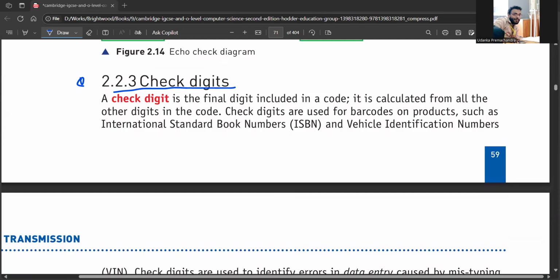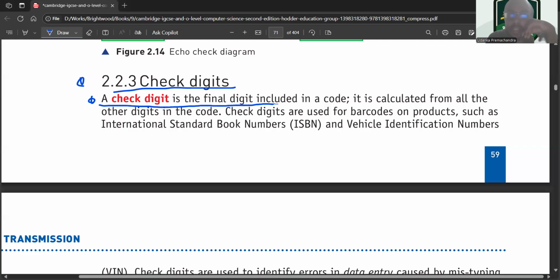This should be very important. Actually the check digit should be the final digit of the code. Shall we write down quickly? A check digit is a final digit included in the code. It is calculated from all the other digits in the code.